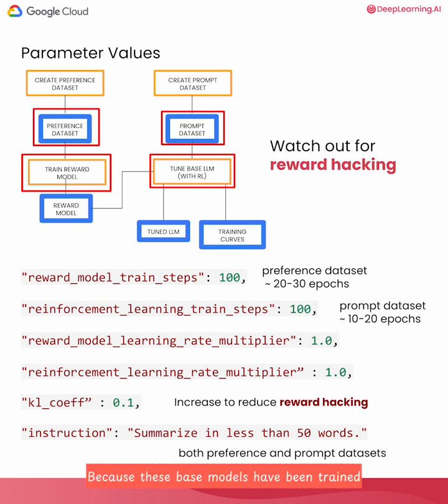Because these base models have been trained over a large variety of different instructions, you can make this instruction parameter a simple and intuitive description of the task that you want the model to complete. But with that, we have wrapped up all of the parameter values that we need, and we are ready to actually execute this pipeline.